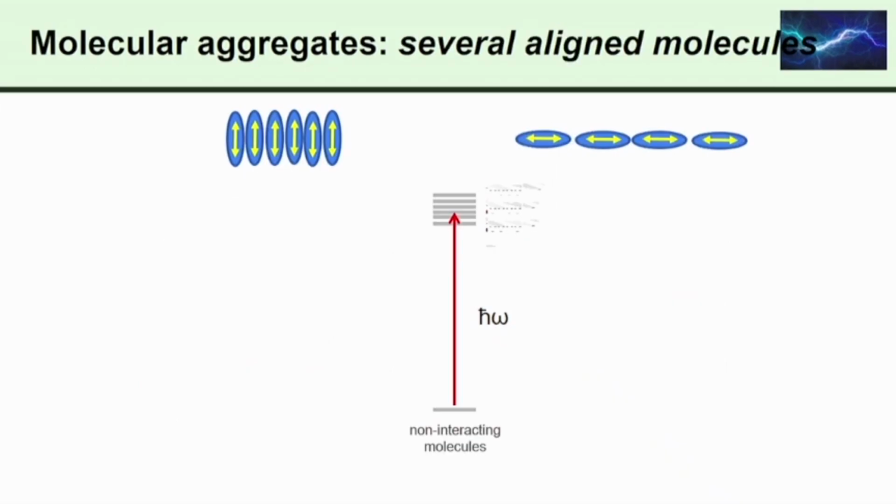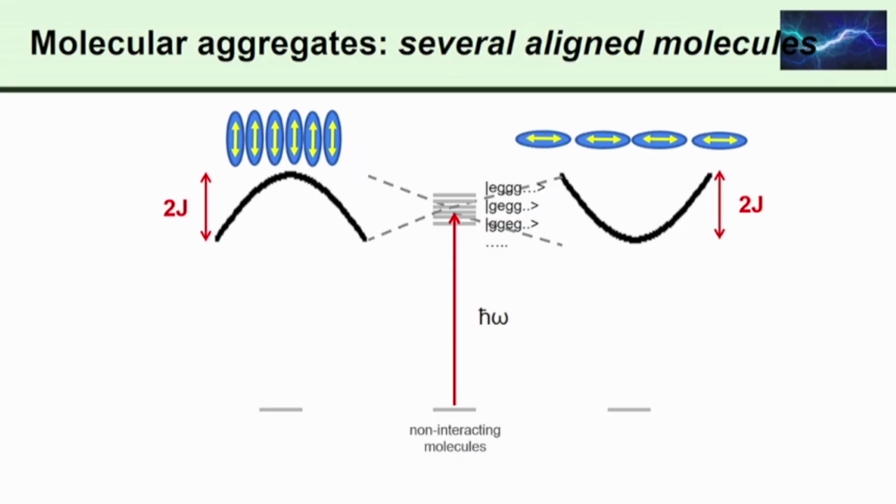Well, two molecules versus many molecules. We don't know if in our solution we have a dimer. Most probably we have a larger aggregate. Actually, nothing much changes. Okay, there is some change, but I want to give the simplest explanation. So what happens when you have several degenerate states, because you have several molecules, and so you can excite each one of these molecules. When they interact, you generate a band, and the width of the band is 2J, twice the interaction. When you go to the different geometry, the only thing that changes is the curvature, say, of the band.